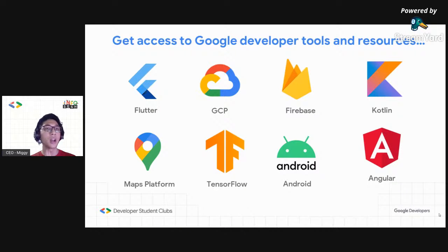For instance, we will help you get resources on Flutter, GCP, which is Google Cloud Platform, Firebase, Kotlin, Maps Platform, TensorFlow, Android, and Angular. Those are usually the tools that we will be learning over the course of the school year, hopefully. And those would help you really make the gawing actual yung mga naiisip nyo.